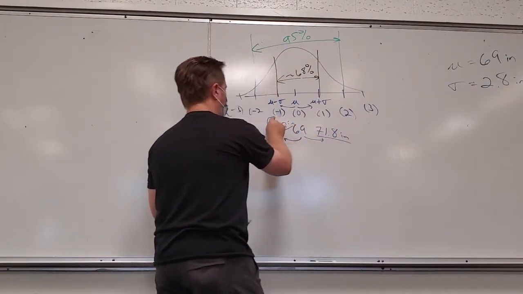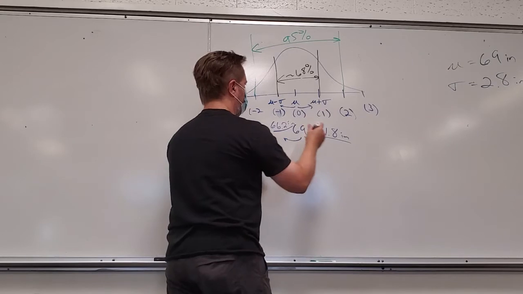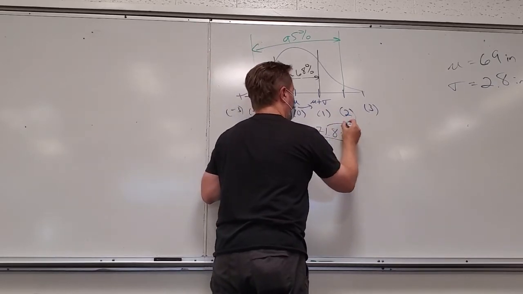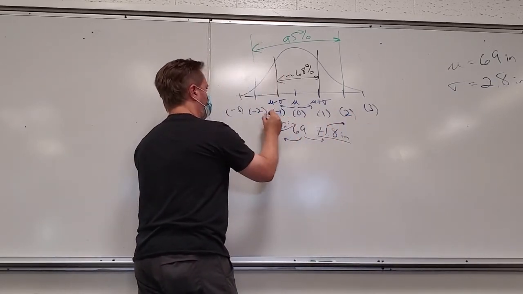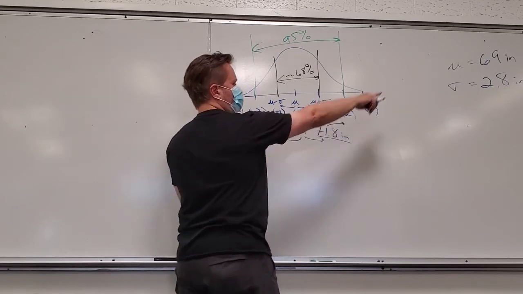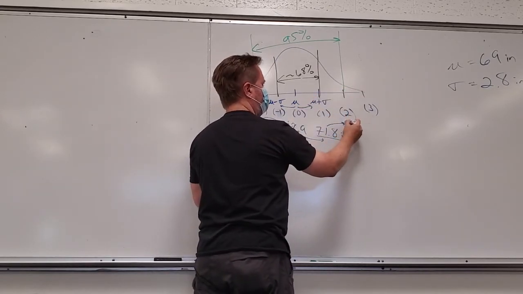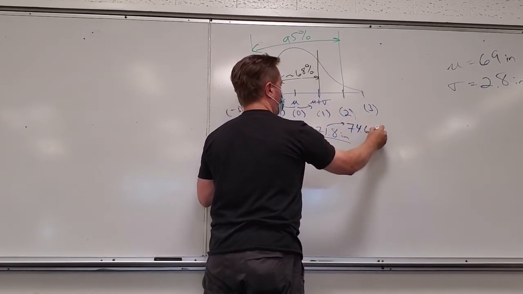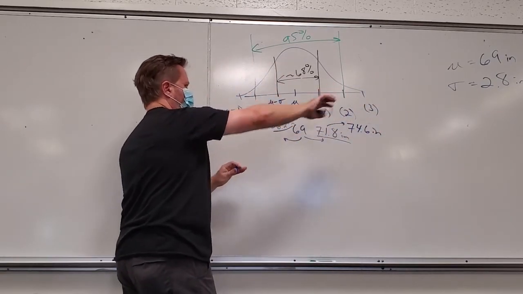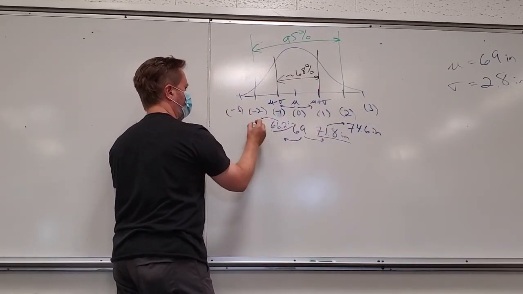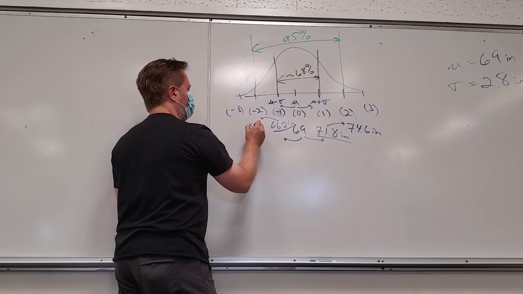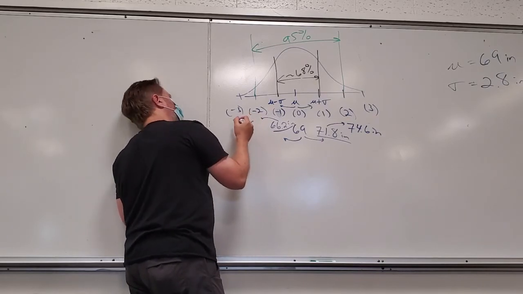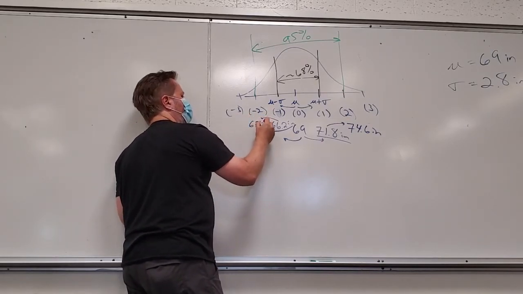My apologies, I don't mean to focus on biological men, but that's just what I'm doing right now. So if I add another 2.8, I get 74.6, is that cool? And if I subtract another 2.8, I get 63.4, is that right?